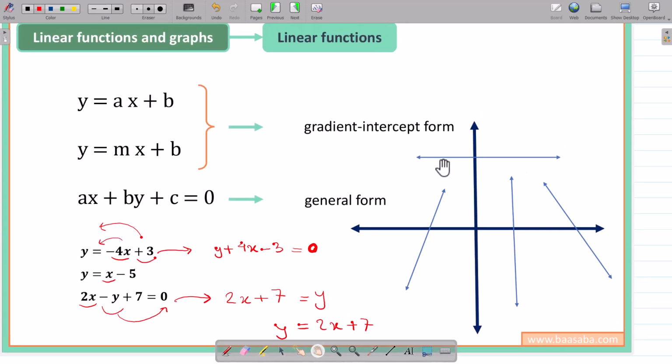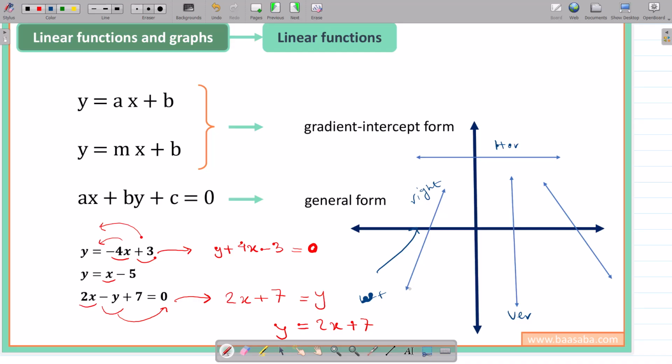In this figure, you can see all of the lines, a graph of the lines that we can have. We have horizontal line here. We can see vertical line here. Here we have a line. When we are talking about gradient, we always take a look at the lines from left to right of the coordinated system.